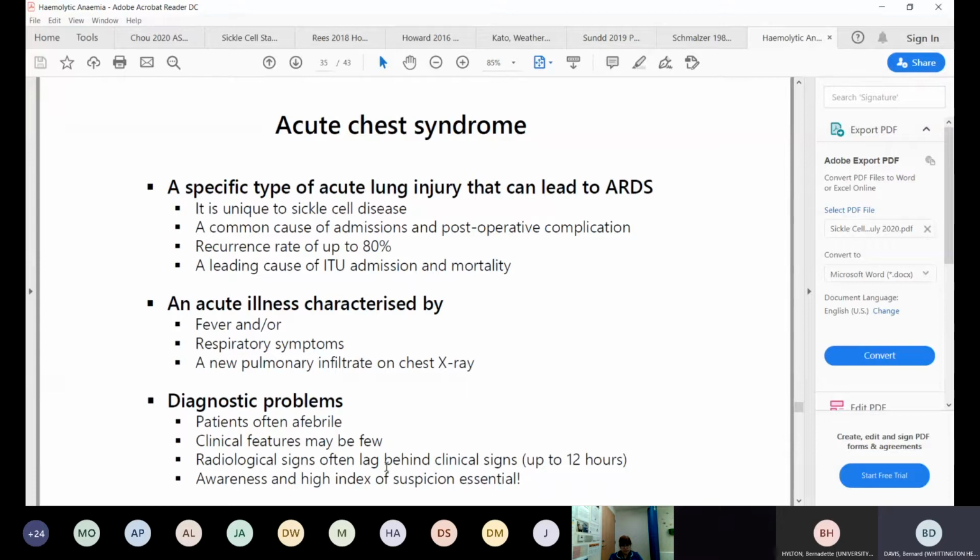And you go and take an X-ray, and you may find that even though they have chest syndrome, the chest X-ray looks clear. And the reason is this: that the chest X-ray signs often lag behind the clinical signs by quite a long time. And so here, you need to have a very, very high index of suspicion. And I think that anyone who becomes hypoxic, you should consider the possibility that they have this syndrome.